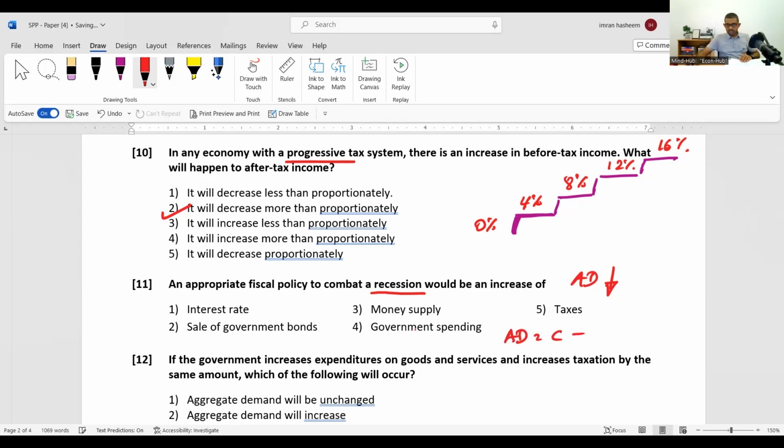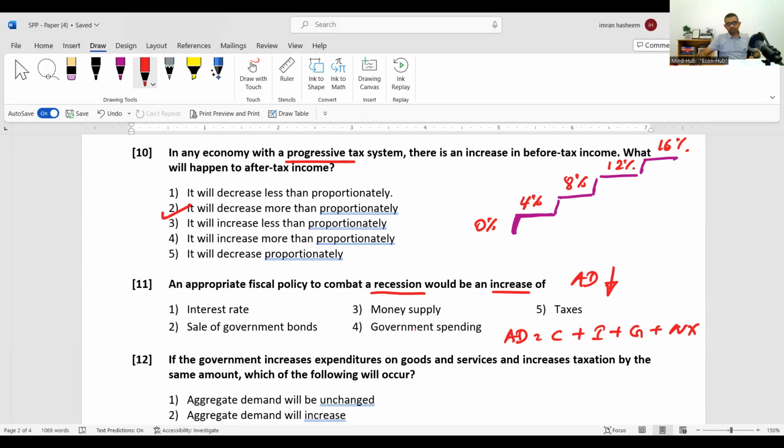AD is C plus I plus G plus NX. What will lead to an increase in aggregate demand? When interest rates increase, consumption and investment, which are interest-sensitive components, will decrease. Money supply, if it increases, aggregate demand may increase, because that will eventually lead to a decrease in interest rates and things like that.